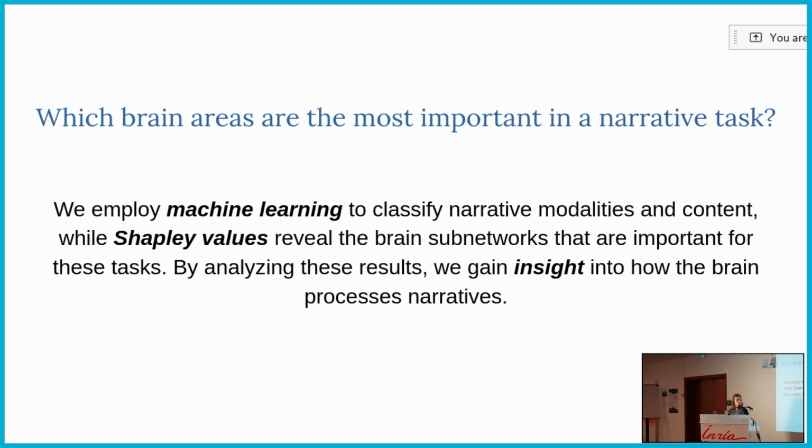To do that, we used a machine learning model first to classify the modality and the content of the narrative. Then we used the explainable AI technique called Shapley values to understand which subnetworks were the most important in the classification. And after that, we analyzed the result, and we had a new insight on how the brain processes narrative.